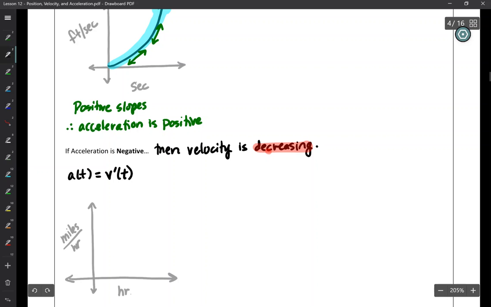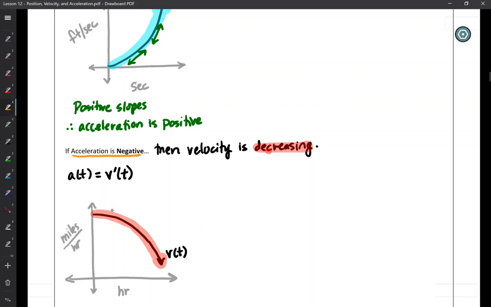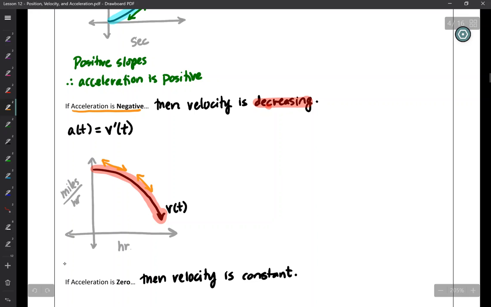Here's my velocity curve that is decreasing. Its rate of change is negative. Oh wait, we have a special name for the rate of change of velocity. It is acceleration. All these slopes are negative. Negative slopes. Negative acceleration.